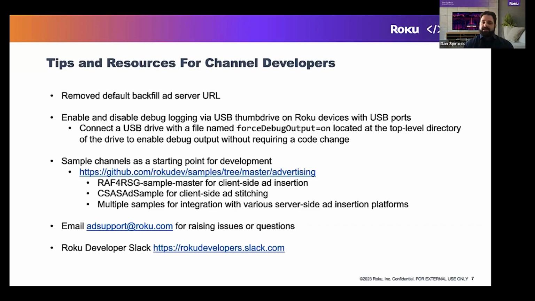So if your device has a USB port, you can connect a USB drive with a specially named file here, force debug output equal on, in the top level of that drive. And if that file is present, debug logging in RAF will be turned on automatically. And that happens at runtime. So you can adjust that at any time before you instantiate the Roku Ads framework.